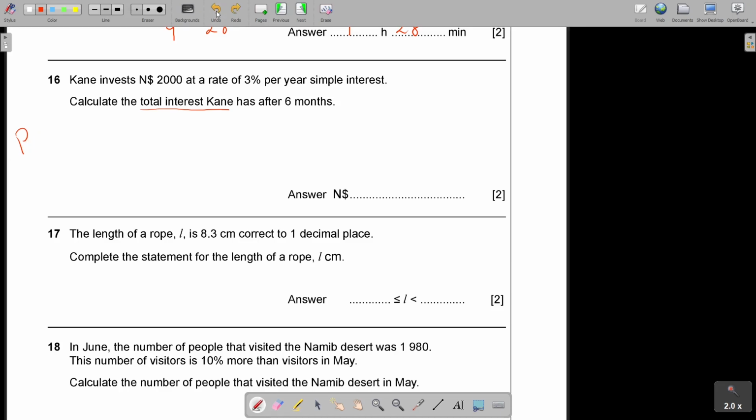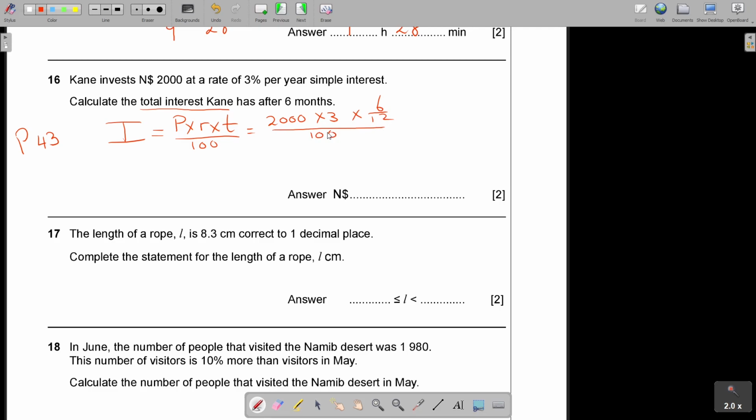It's the next question, page 43. So how do I get interest from simple? It's P multiply R multiply T over 100. And that's going to be 2,000 multiply 3 multiply 6 over 12, and that's over 100.